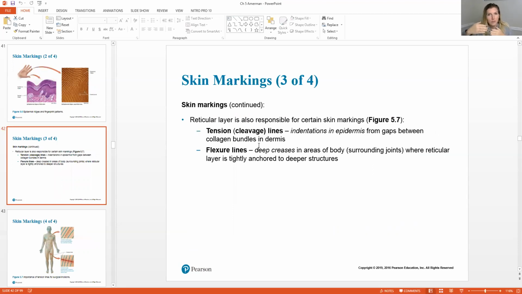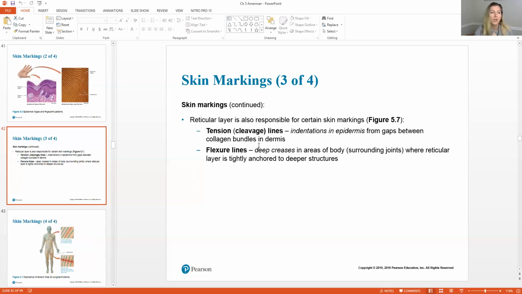You can cut it with the grain so that your steak knife is parallel and the meat kind of falls apart, right? Or you can cut it against the grain and it's a lot tougher, right? And sorry for those of you who are vegetarians, you might not be able to associate that, but that is exactly how the collagen bundles work underneath our skin.